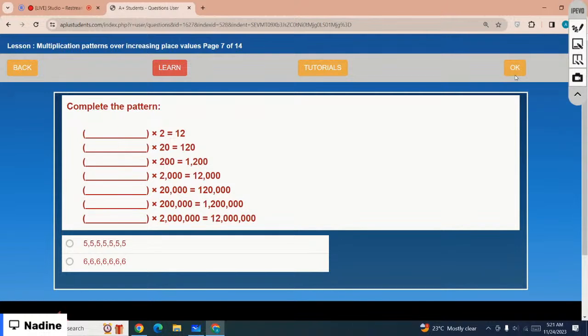Okay, the next one is complete the pattern. Missing number times 2 equals 12. So which number is missing? Which is the correct option?